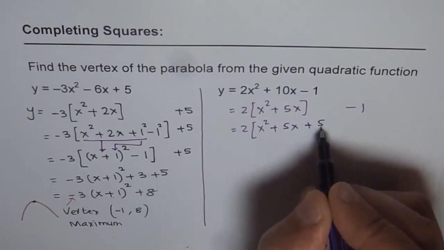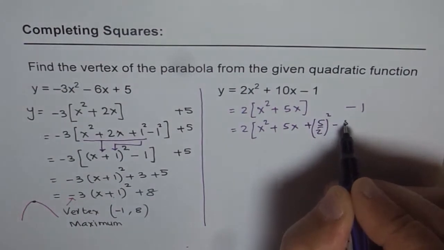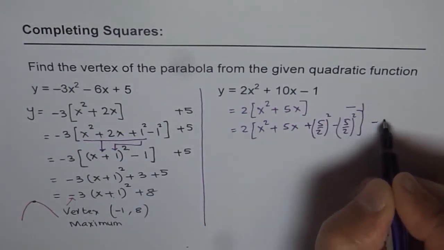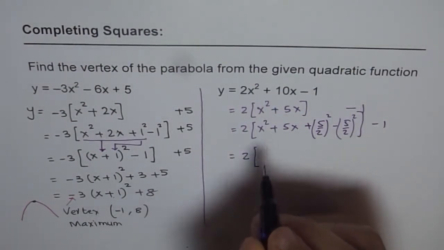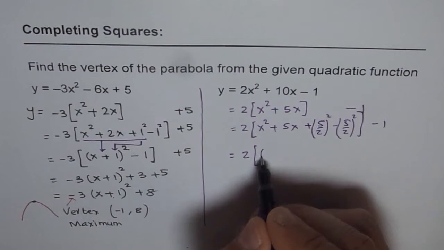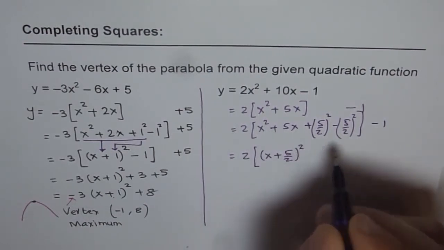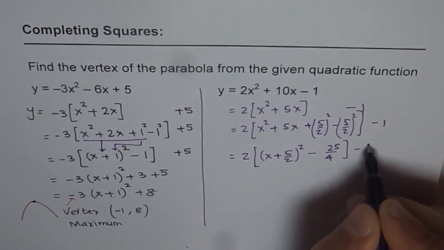So (5/2) whole squared, minus (5/2) whole squared, right? So add and subtract the same term, minus 1. Now from here, we can combine the first three terms, which is (x + 5/2) whole squared, and let me square this up, which is 25 over 4, minus 1.